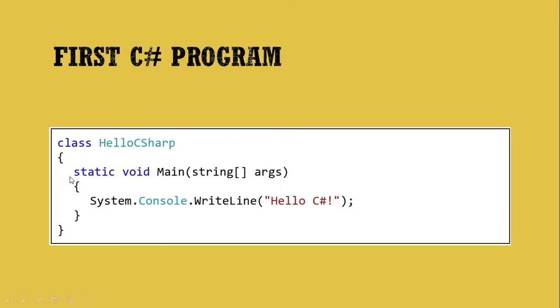You see, System.Console.WriteLine Hello C# is the content of this function, so it should be indented to the right side. Most of the time, one tab, or you can count 5 white spaces.